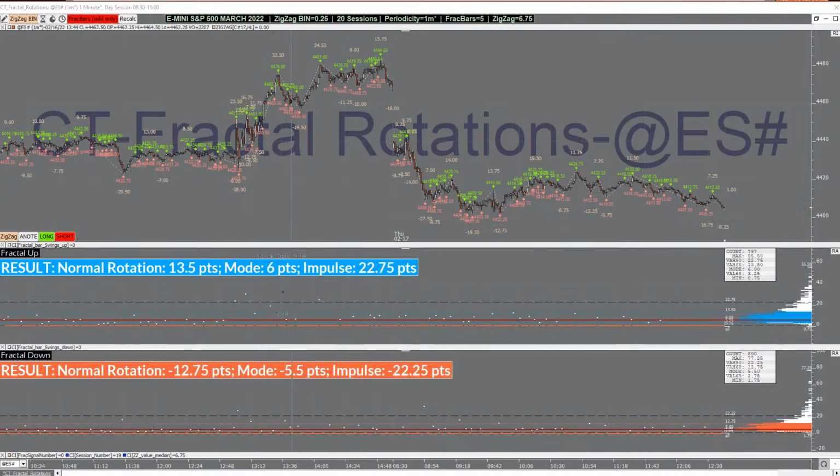The most common rotation is 6 points. It used to be 2.5, and so on and so forth. And we could see there are 797 rotations up and 800 rotations down. This tells us that there's a big sample size. We're basing this decision on a really large sample size.